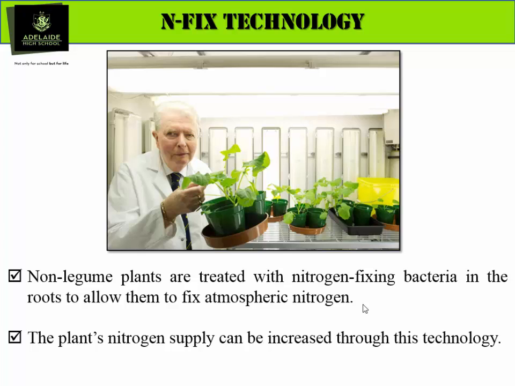But with these non-legume plants, what he has done by using biotechnology, micro injection, PCR that you have heard about so far, he utilized these techniques to actually treat these non-legume plants with nitrogen fixing bacteria into the cells in the root section.